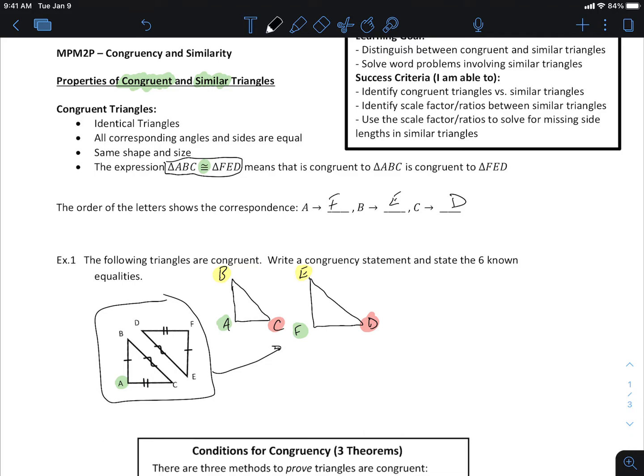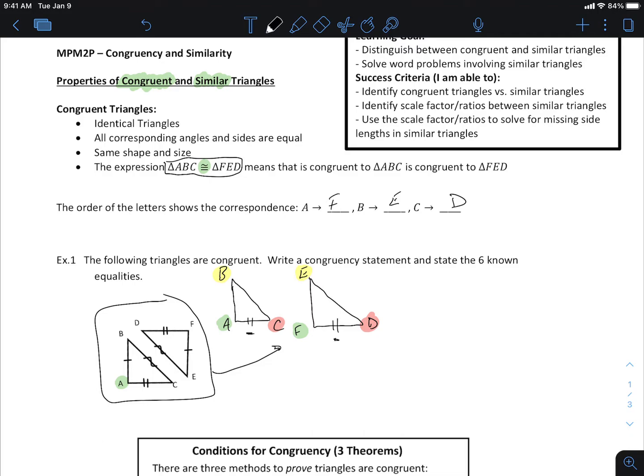Okay, they've also drawn some other things on here, like this hash marky kind of thing, the AC. That's saying they're just trying to mark that these two things are equal, but also different from the rest of the triangle.